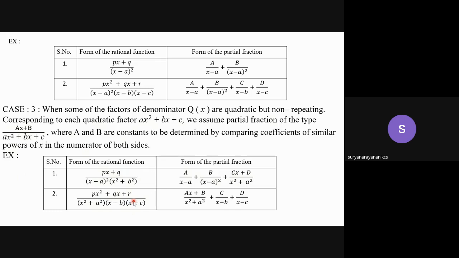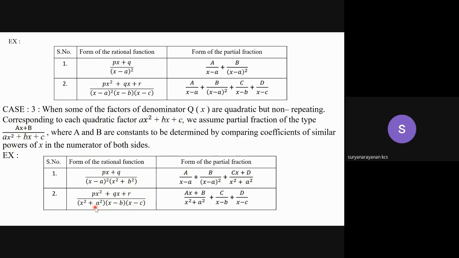So you know that for every proper rational function, we can write partial fractions. When you are going to write partial fractions, I told that point clearly. We have to focus on the denominator. What is this first factor? It is an irreducible quadratic polynomial.